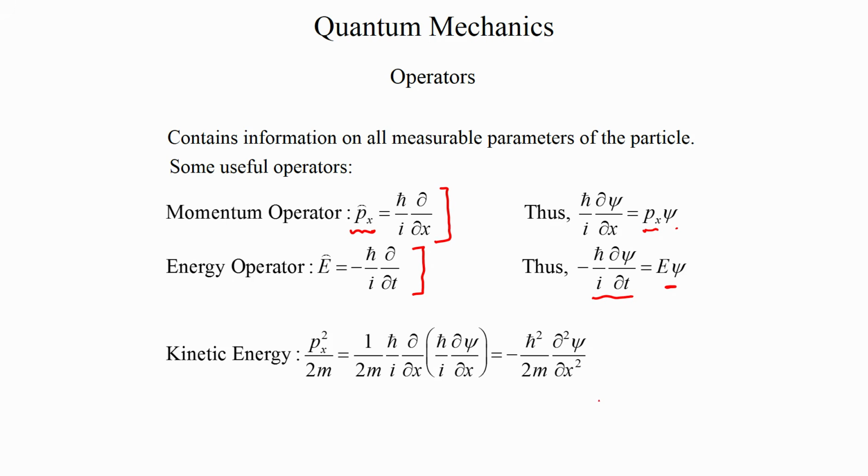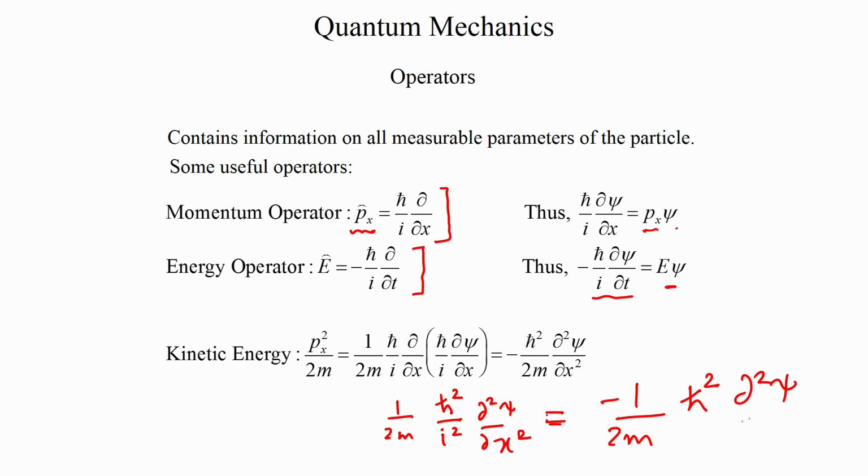And if I want to find out what's the kinetic energy, it's p square by 2m, which is 1 by 2m into the momentum operator operating on itself and then the wave function, which is basically 1 by 2m into h bar square by i square into dou square psi by dou x square, which is minus h bar square by 2m into dou square psi by dou x square.